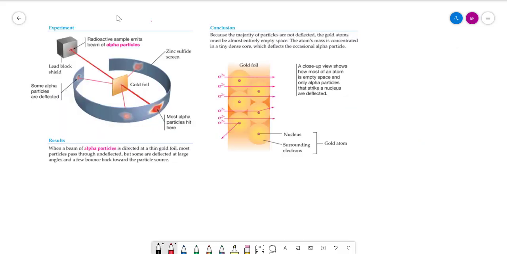Okay, so following on Thomson's hypothesis that elements and atoms of those elements must actually be composed of even smaller subatomic particles, and that there must be some negatively charged particles that are really, really small.